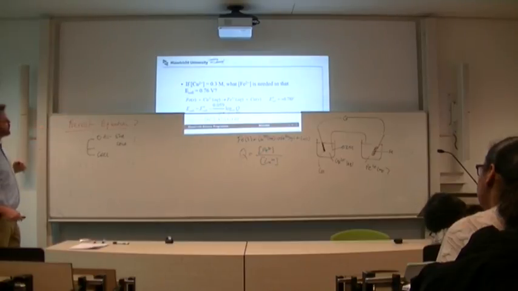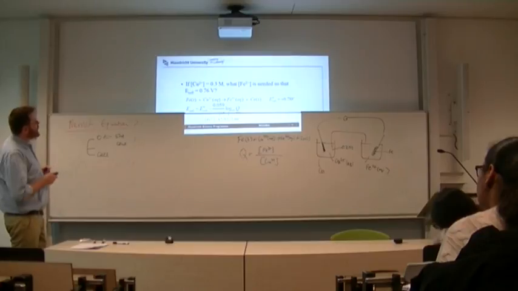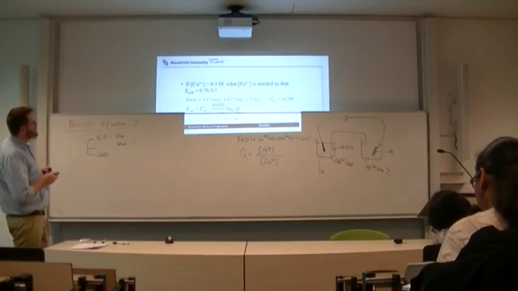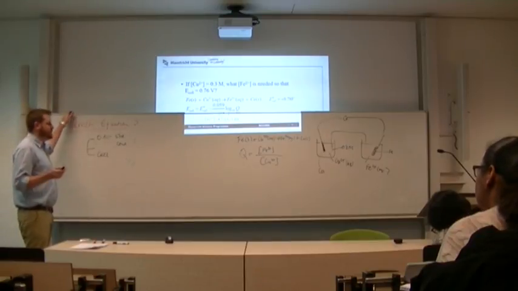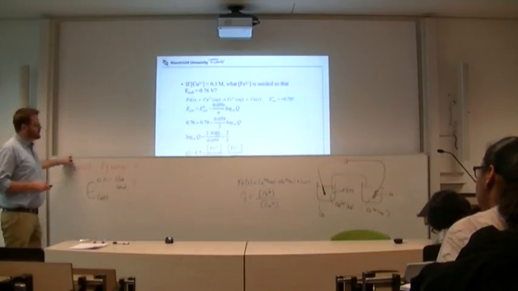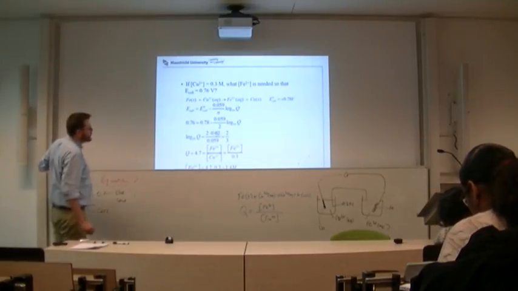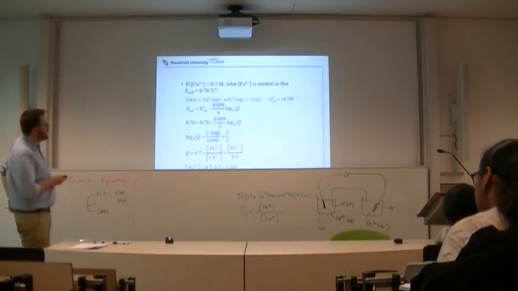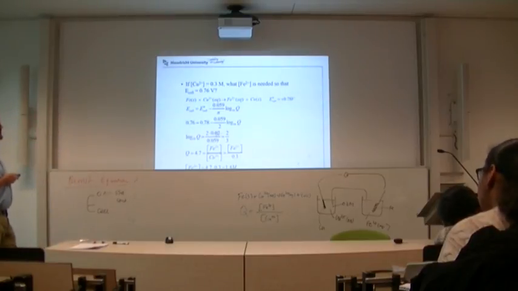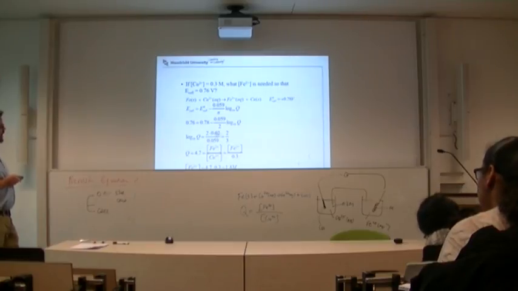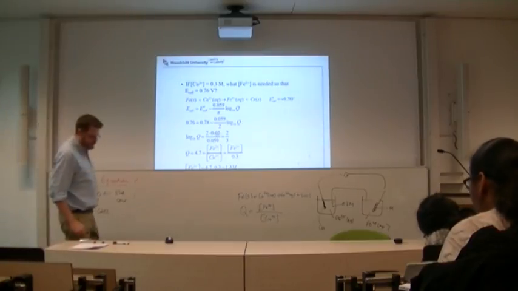So let's go back to the problem. If copper 2 plus is 0.3, what Fe2 plus is needed so that E cell equals 0.76? Well, basically we're just going to plug in the values and see what we get. You can see that's what I've done here. 0.76 equals 0.78 minus 0.059 over 2 log 10 Q. I solve for Q and I get 4.7, right?